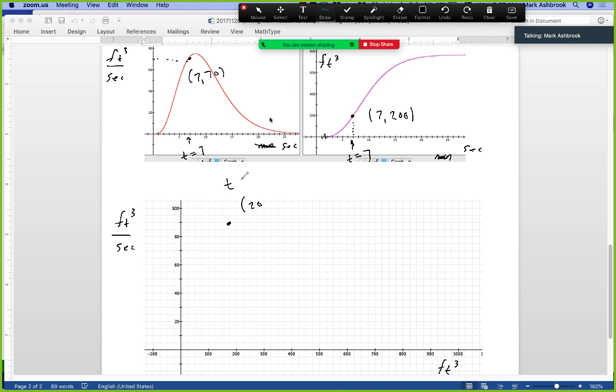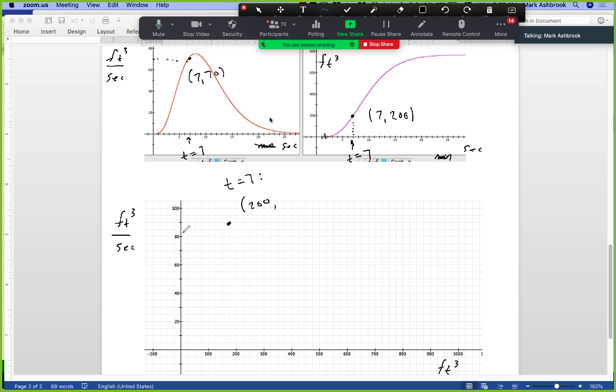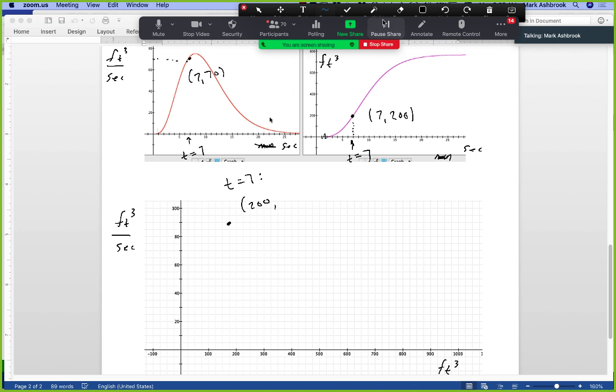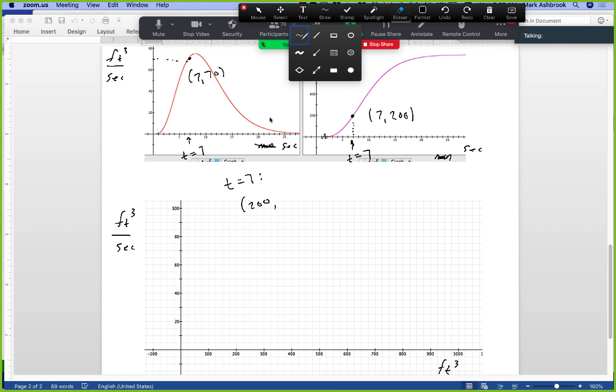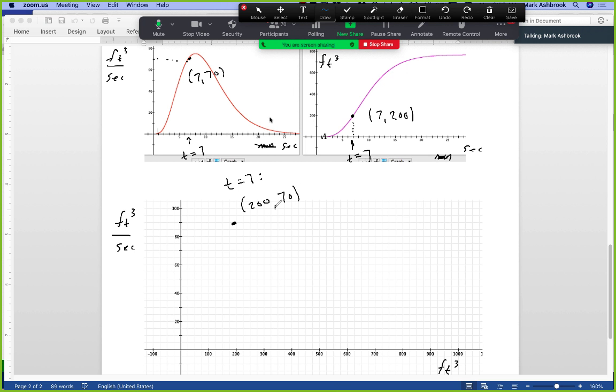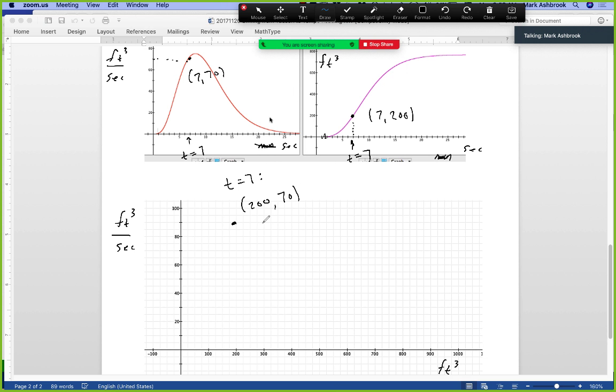So at t equals 7, that gives me a correspondence point on this new graph where 200 feet cubed have been poured. Yeah, so the rate of change at the amount 200 was 70 feet cubed per second.